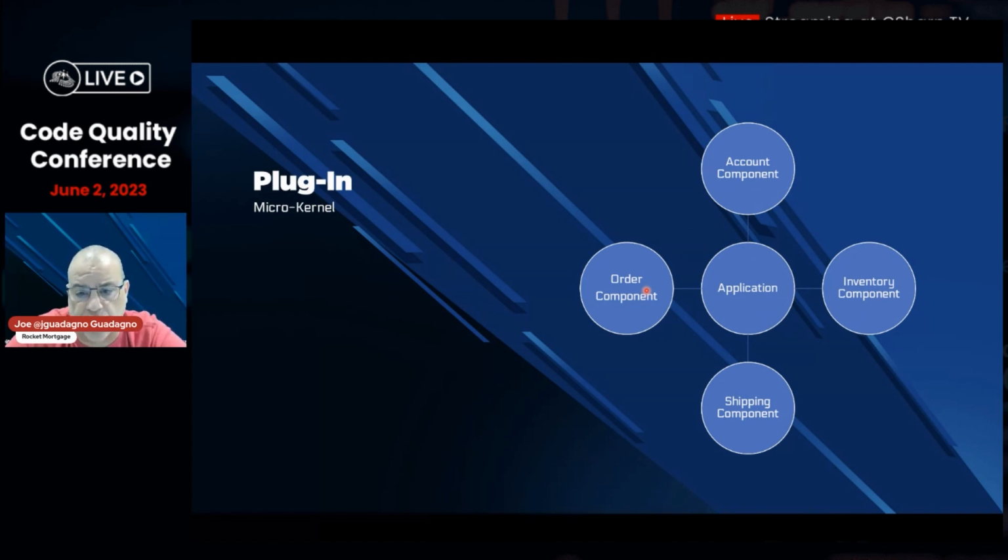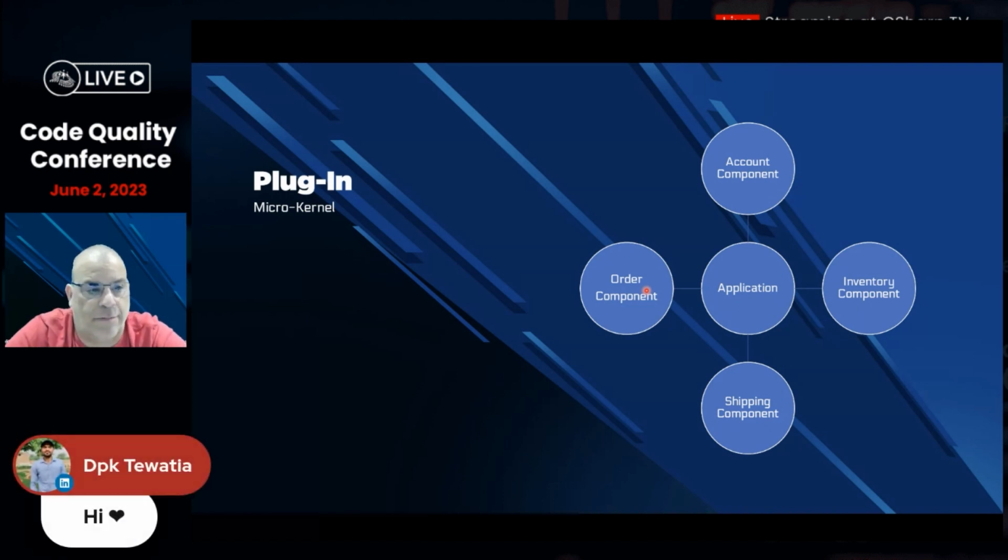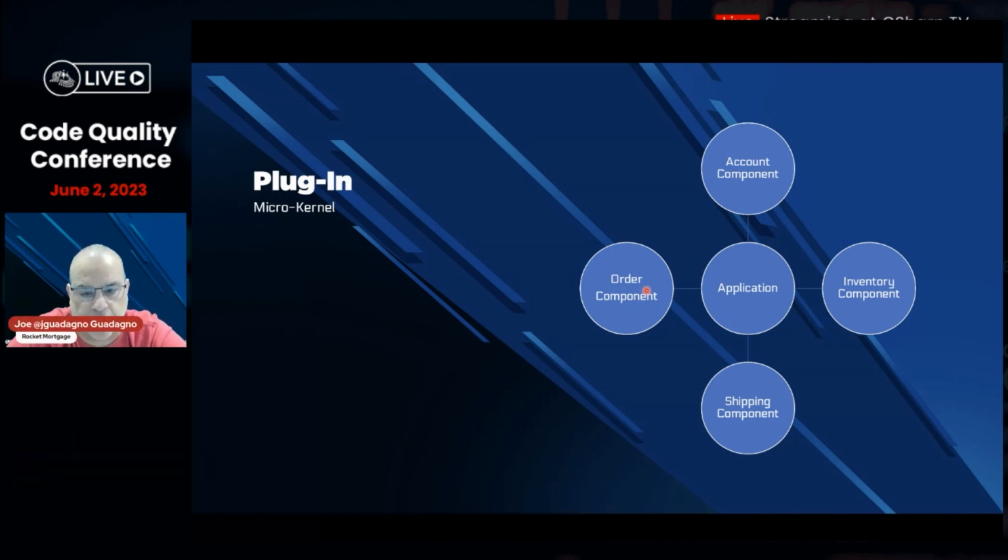But we actually use apps, like I'm using an app right now to display things to you called PowerPoint, that has a plugin architecture. So PowerPoint has the ability to add add-ins. The same thing with Word, the same thing with Visual Studio and Visual Studio Code. All the extensions that we use are following the plugin pattern.